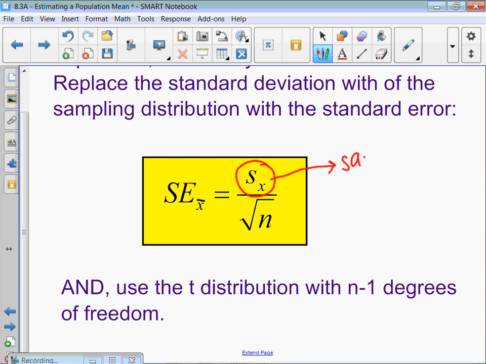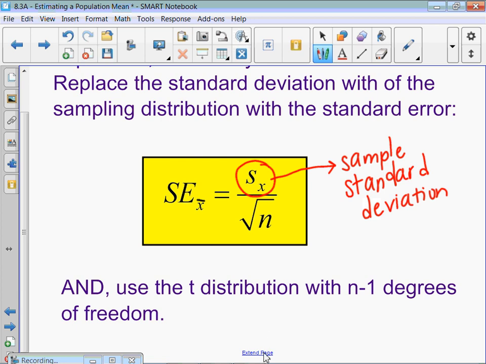It's the sample standard deviation. And again, SE sub x bar stands for standard error. Replace your sigma with s sub x, which we can get from our sample.